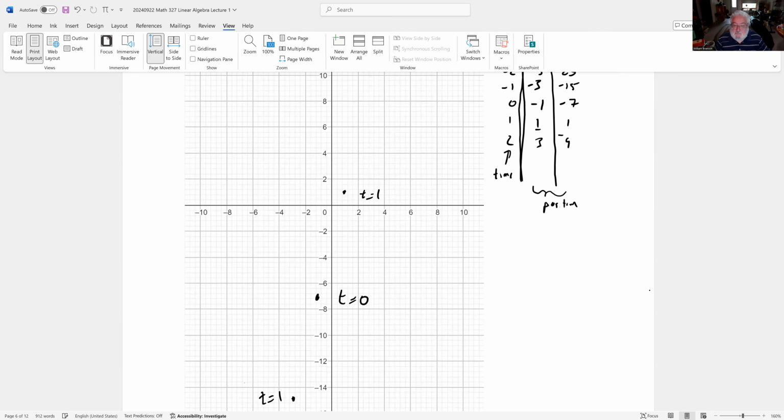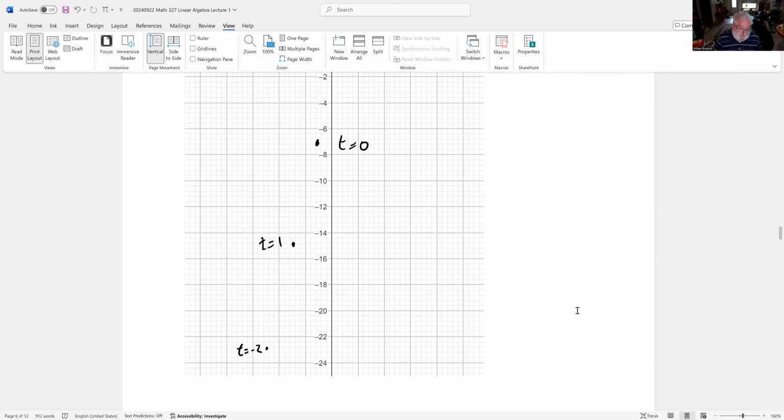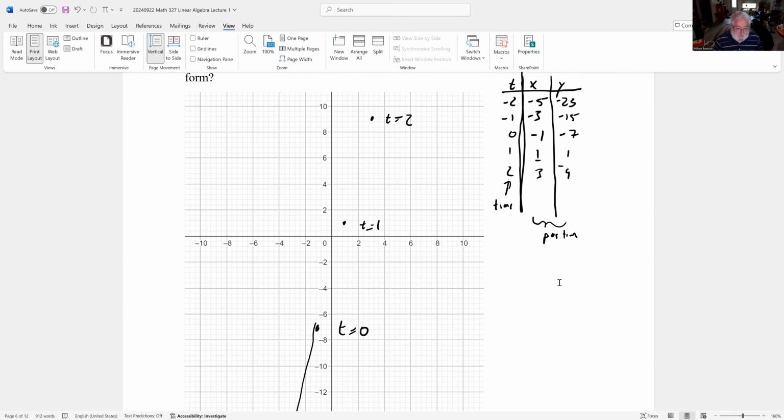That's t equals 1. And then finally at t equals 2, we're at the point 3, 9. About up here. Great. So what's the line look like? Well, we just connect all our dots. And it runs through this whole thing.